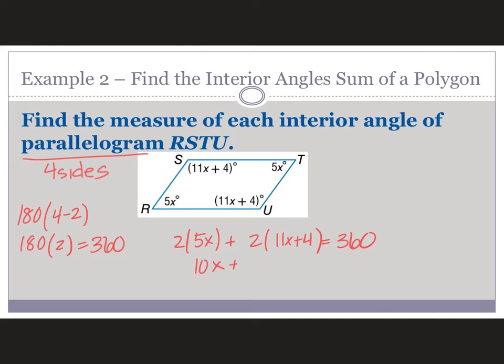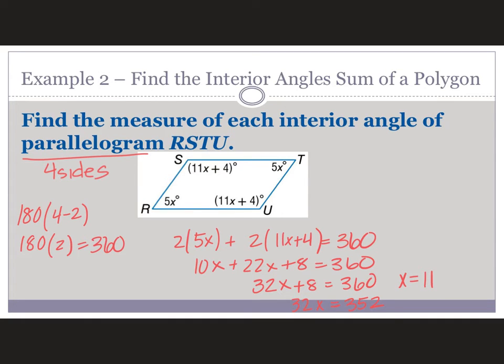So 10x plus 22x plus 8 is equal to 360. So 32x plus 8 is equal to 360. So we're going to do 360 minus 8 and get 32x is equal to 352. And then we're going to take that 352 and divide it by 32. So x is equal to 11.